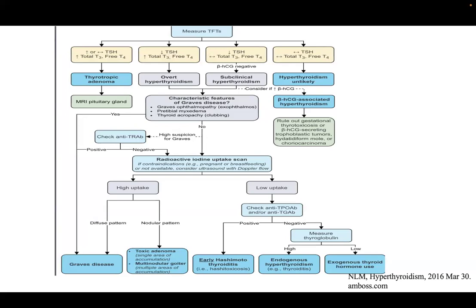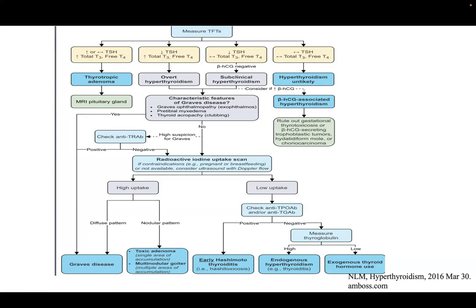If the characteristic features of Graves' disease are not present and the anti-thyroid receptor antibody comes out negative, then we go ahead with the scintigraphy technetium 99 scan. If that scan shows a high uptake and a diffuse pattern, we establish Graves' disease.